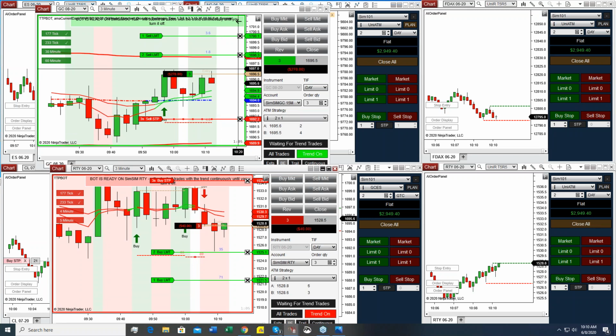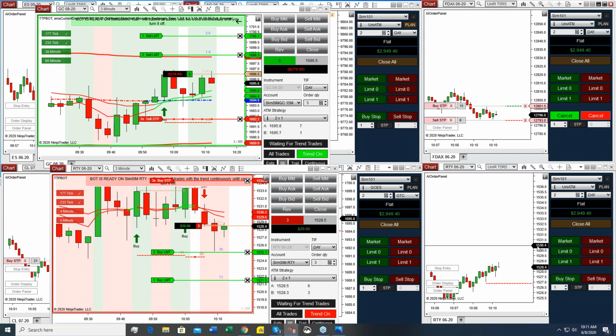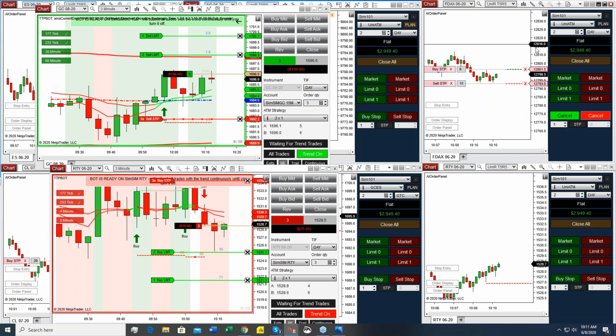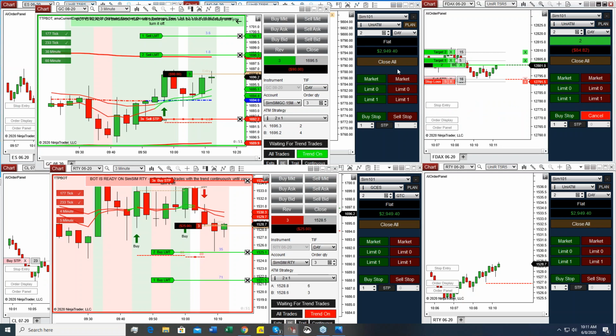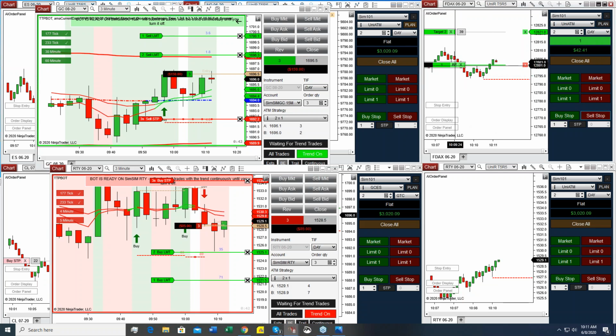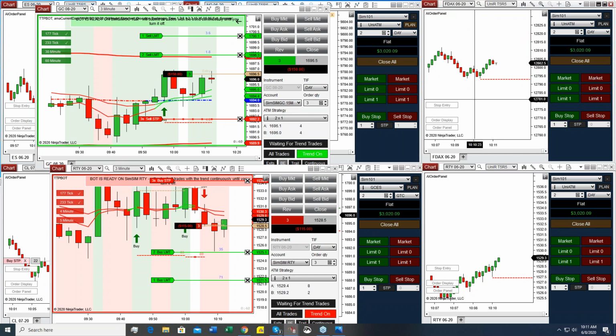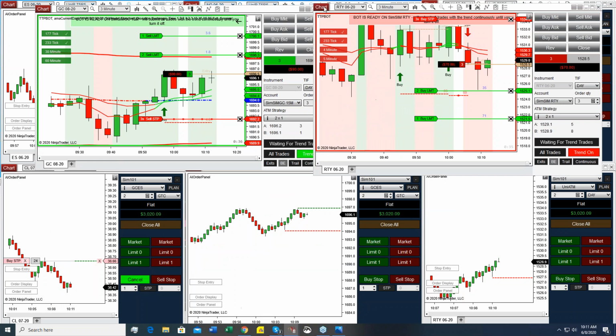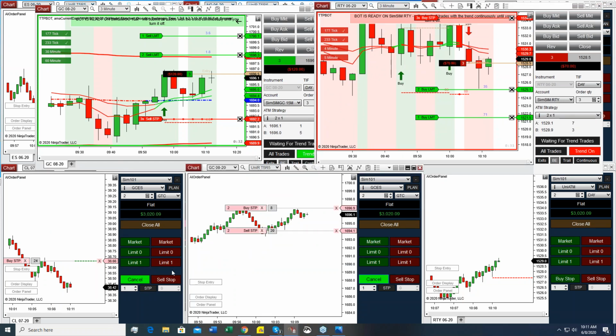Russell putzing around, gold putzing around. Here's the DAX. Order submitted. Order filled. There's DAX. First target filled. Break even stop filled. Out. Order submitted.